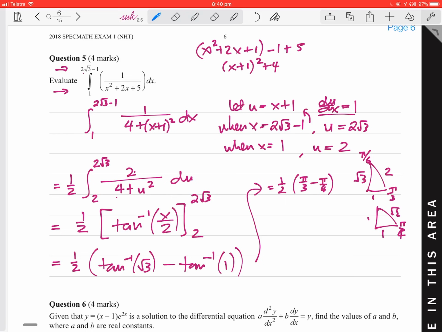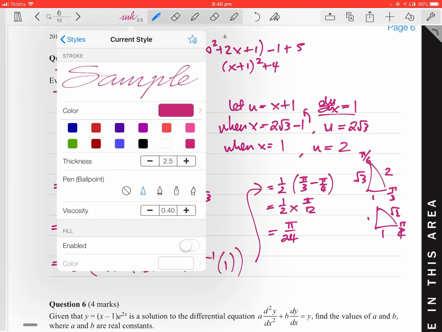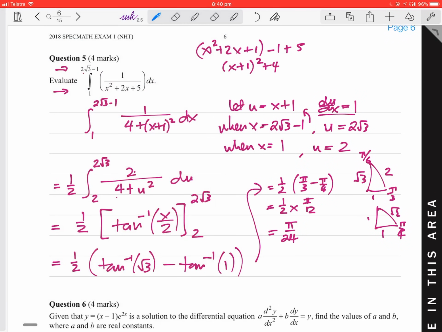Pi on 3 minus pi on 4: 4 pi on 12 minus 3 pi on 12 is just pi on 12. A half times pi on 12 equals pi on 24. Final answer, lock it in.